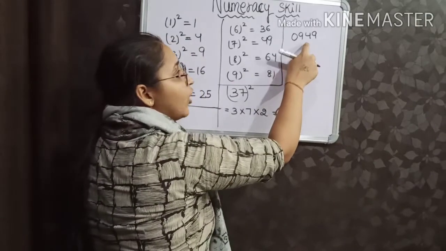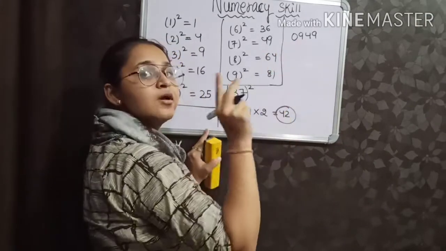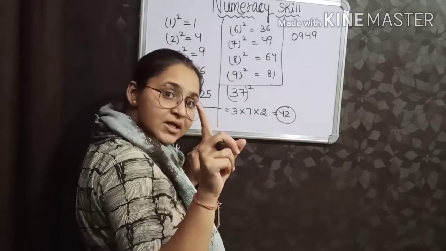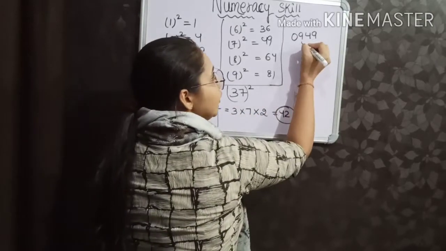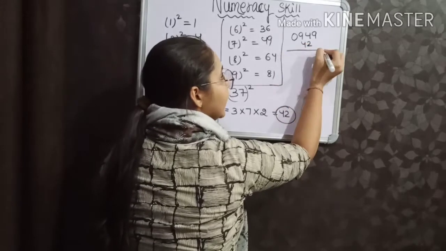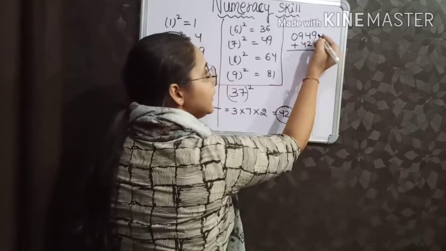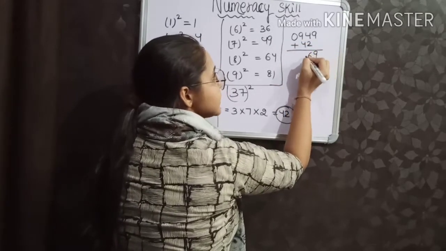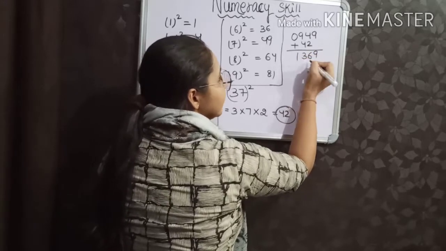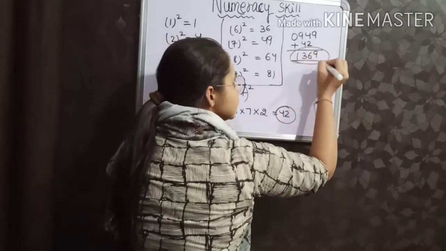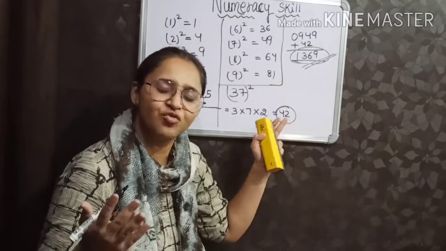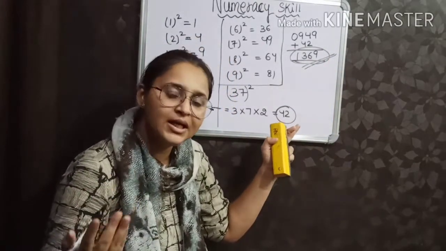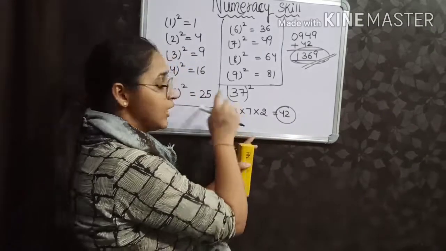I will write 42 below this number such that one digit from the right side is left. Now I will just add them. 9, 4, 2, 6, 9, 4, 3, 13. Answer is 1369. See, it's very easy. How easily I calculated the square of 37.